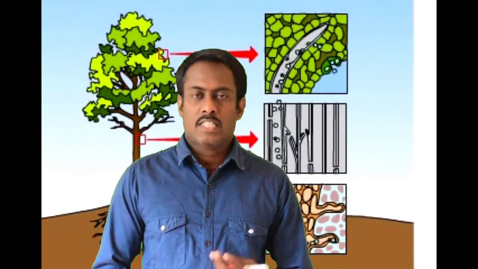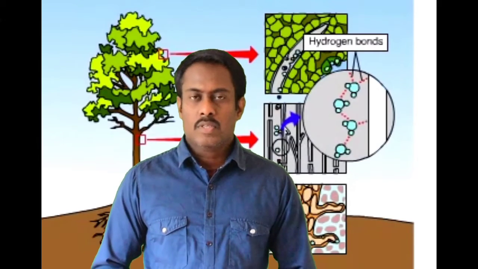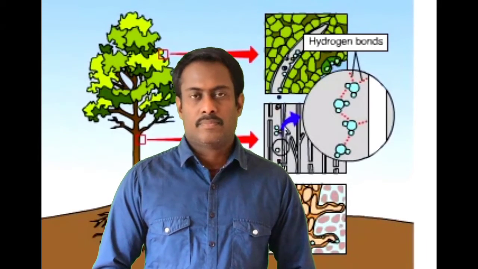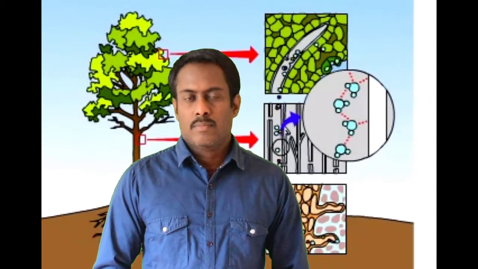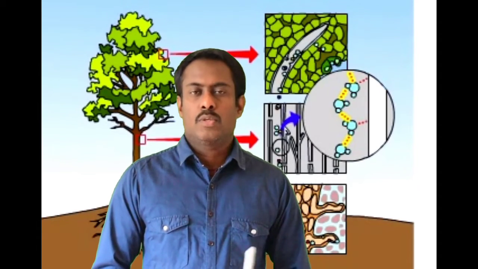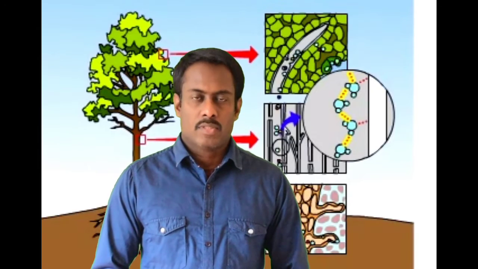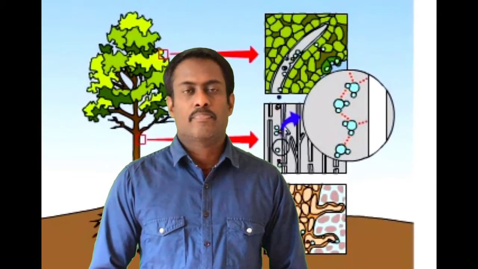This transpiration force pulls the water in an upward direction. During the daytime, this absorption of water is much larger than at nighttime due to the transpiration process. So the transpiration process is very active in the daytime.